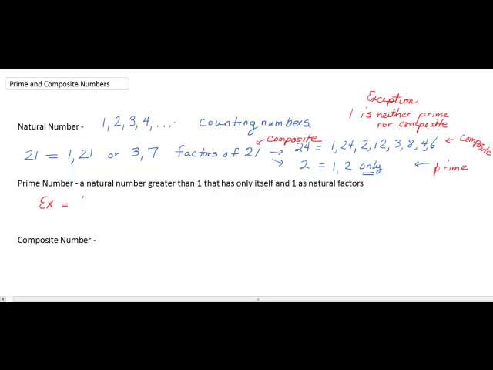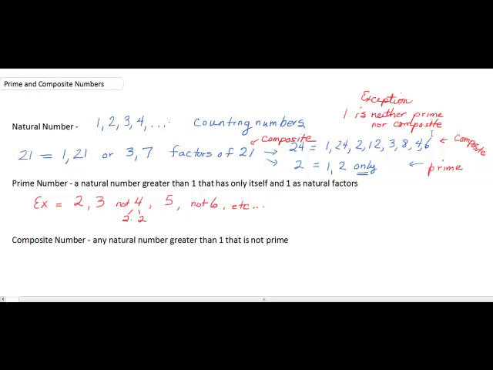So for example, 2. 3 is also prime because it only has 1 and itself as factors. 4 is not prime because we can factor 4 as 2 times 2. 5 is prime, 6 is not prime, and so on. So 4 and 6 are examples of composite numbers.